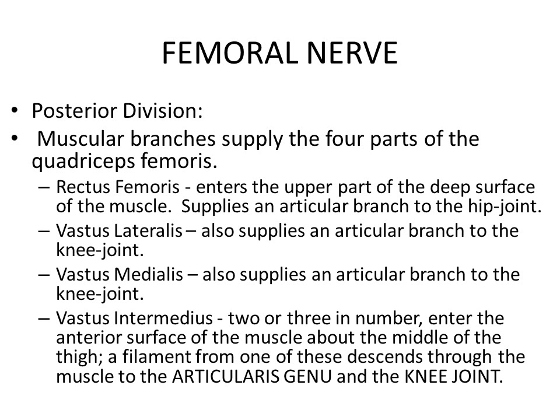And then with regards to the vastus intermedius, there are 2 to 3 nerves that supply motor function to the vastus intermedius, and they enter the anterior surface of the muscle about the middle of the thigh, and a filament from one of these descends through the muscle to the articularis genu, and then also from there travels on down and sends an articular branch to the knee joint.